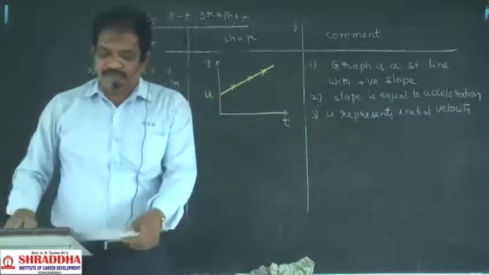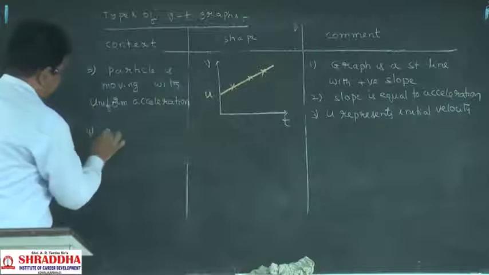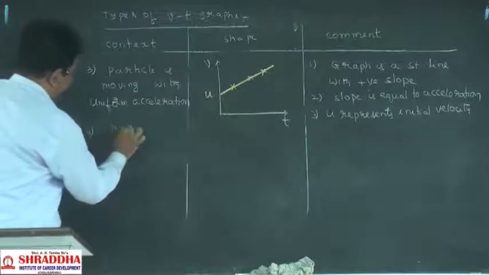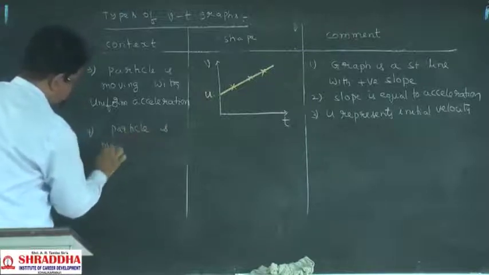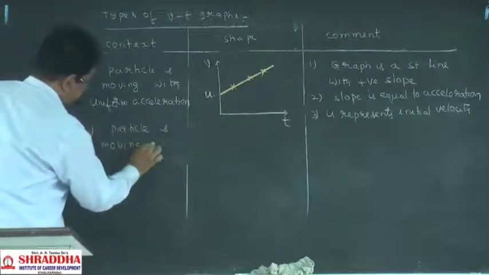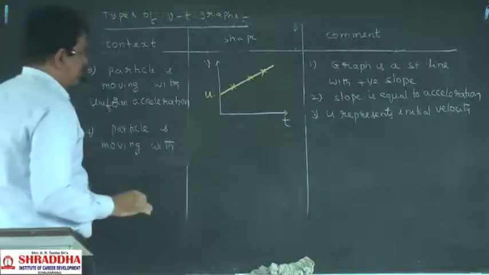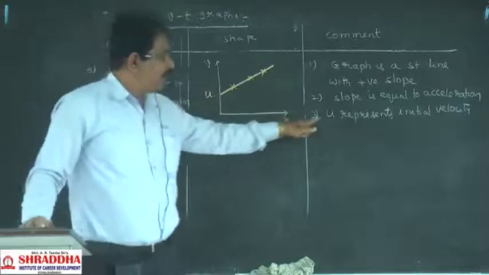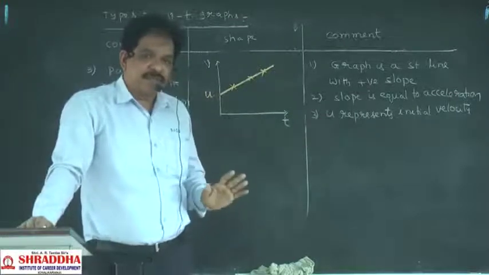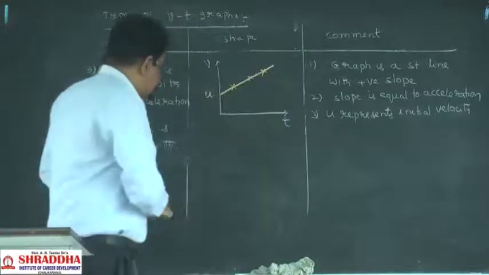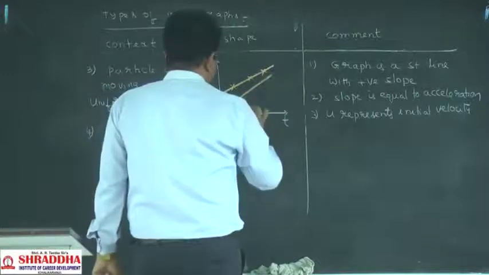Next, fourth graph you see. If the particle started from rest, how will the graph shape be? Like this graph shape will be there.